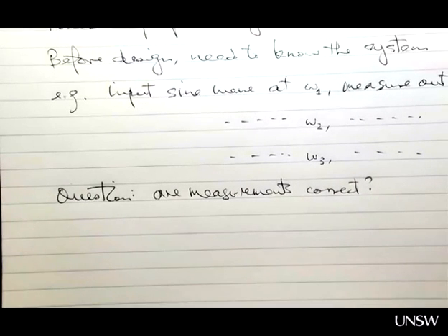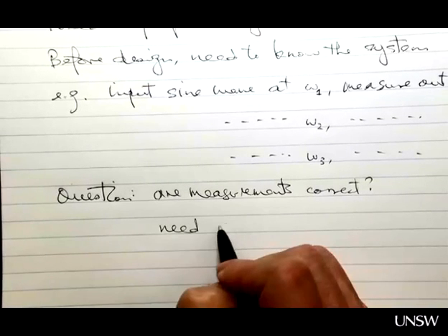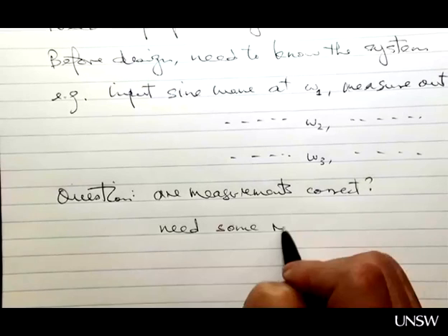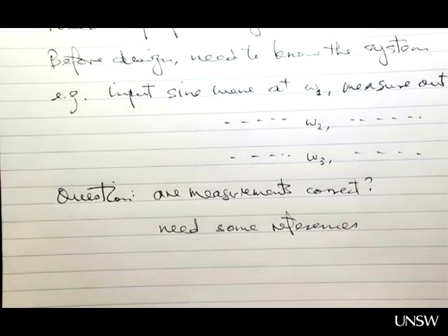In order to know if the measurements are correct, we need some references. And the references come from modeling.